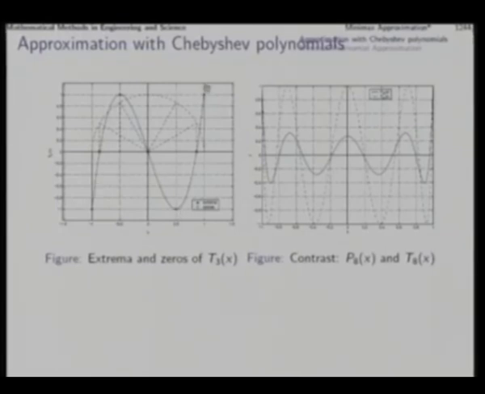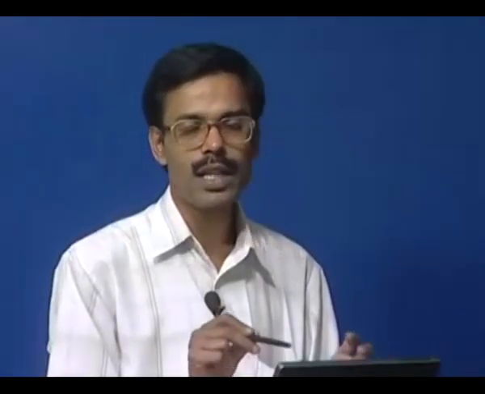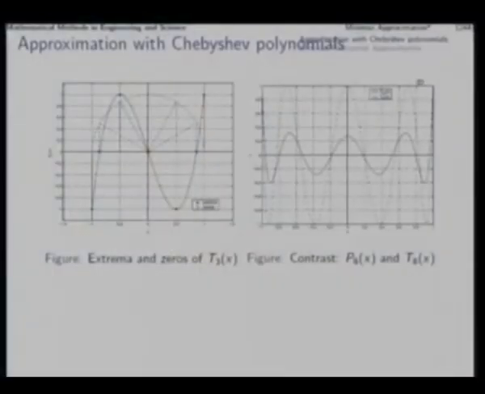The extremum values have the same absolute value 1. These maxima are at value 1, these minima at value -1. This is a distinct property which is not shared by any other family of functions, and as you compare it with say Legendre polynomials, you will find that this is the graph of the 8th order Legendre polynomial and 8th order Chebyshev polynomial superimposed.